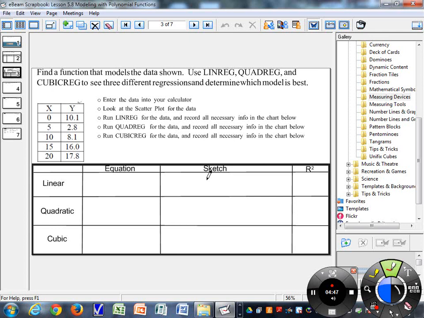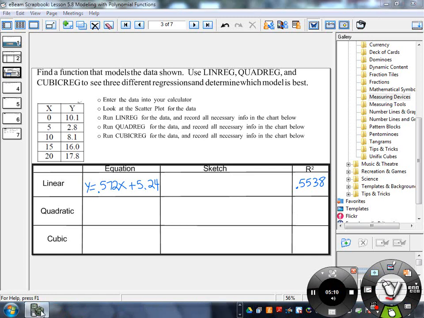And our equation, again, was y equals 0.572x plus 5.24. Go ahead and draw the sketch that you saw previously and our R squared value was 0.5538, which is not that strong. All right, so let's go back, and now let's run a quadratic regression.